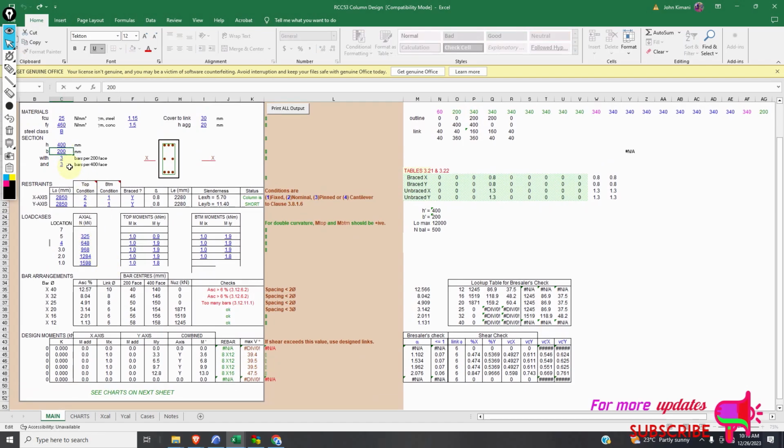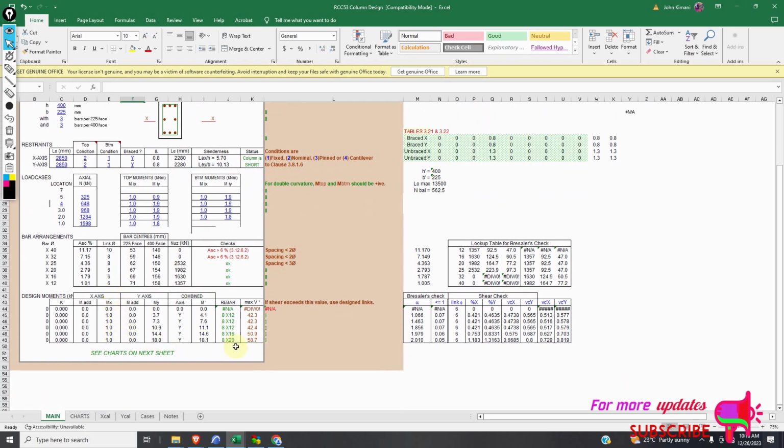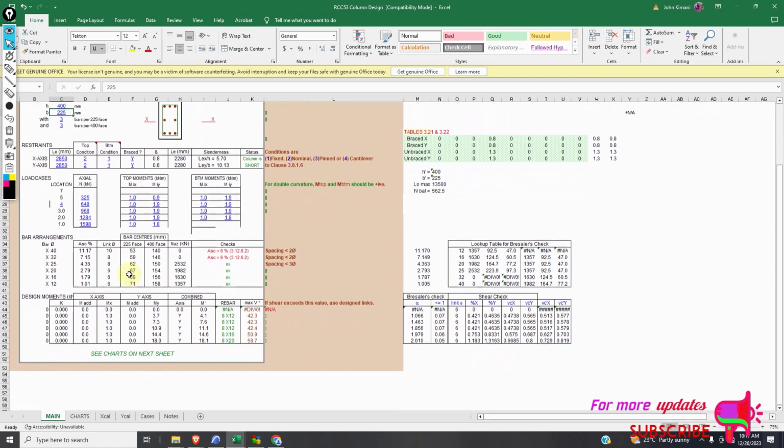So you increase this one to 25. Let's see. So you can see our last column was failing. Our last one was failing. So we have to use 225. 1 by 225.